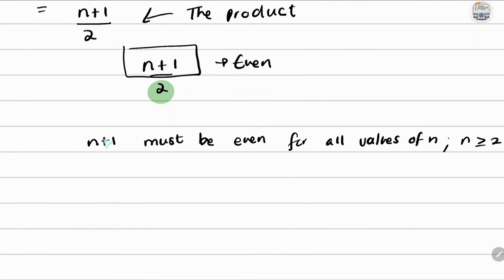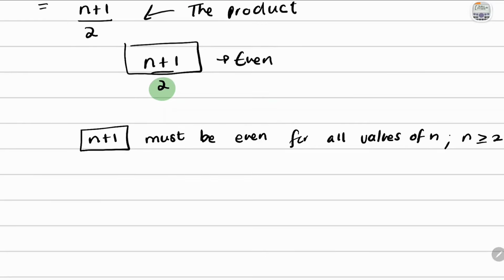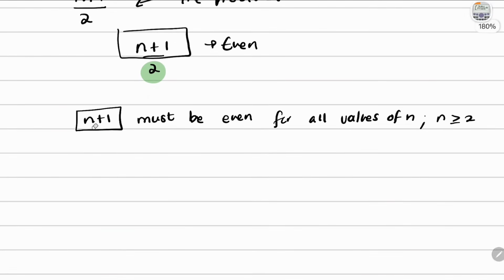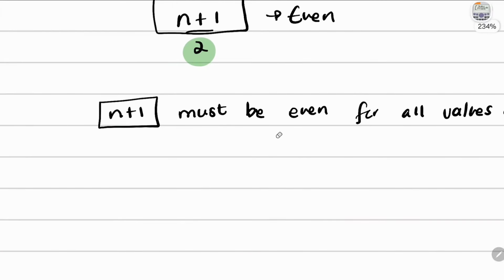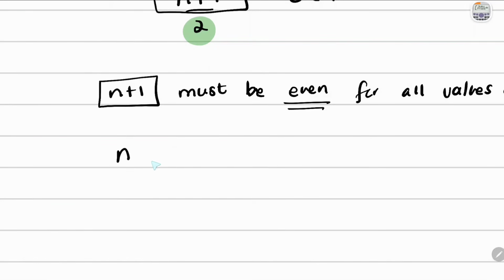Okay, but here's the thing. They didn't ask us to solve for n plus 1. They said solve for n. Tell us what n should be so that this will stay an integer. Okay, the only way we can do that is, let's look at what n should be. If n plus 1 must be even, then what should n be? N needs to be an odd number.